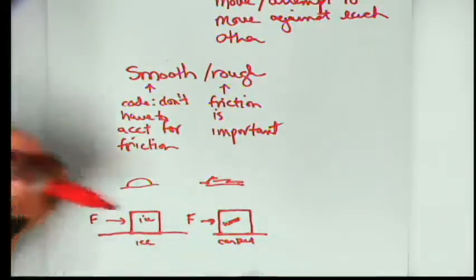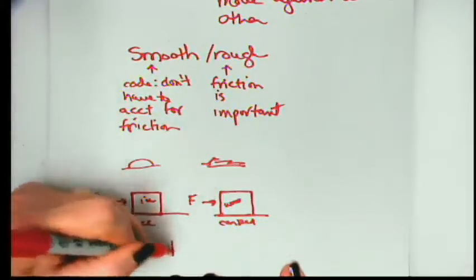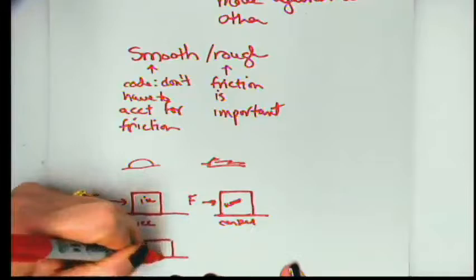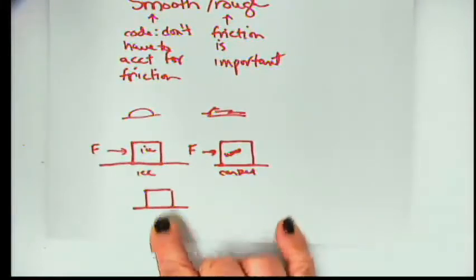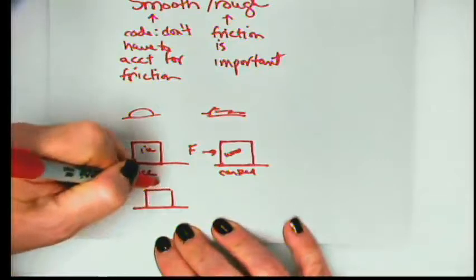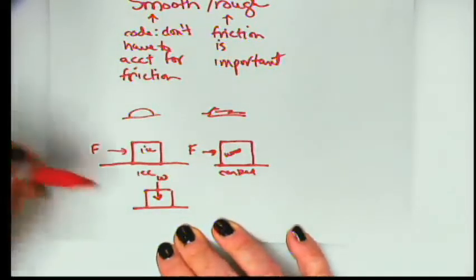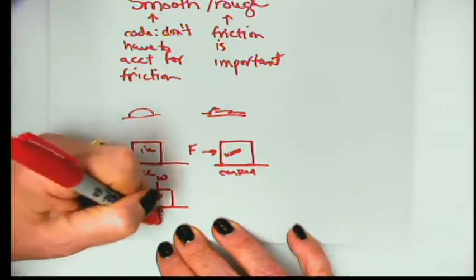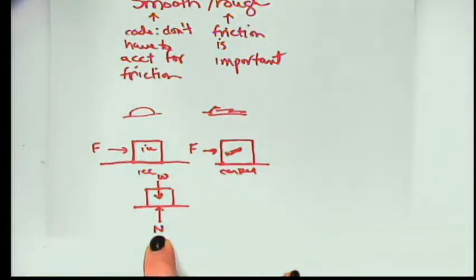So basically what we have in terms of a free body diagram for any type of an object sitting on top of another object, we have the weight pushing down, and we have something that is known as the normal force pushing perpendicular to the surface of contact.